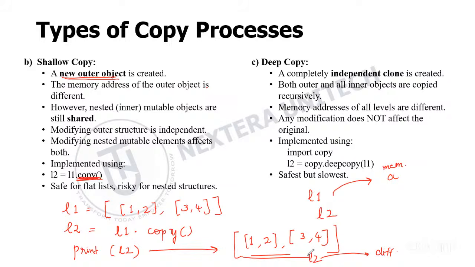The elements will be the same, but L2 will point to a different memory location, let's say memory B. Even if your elements are the same, L1 and L2 will point to different memory locations.